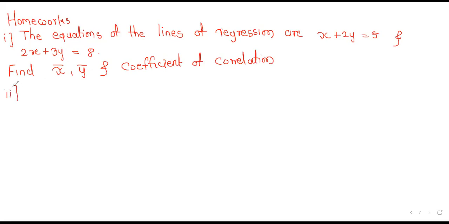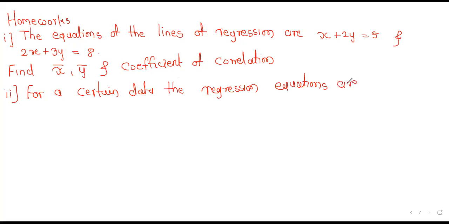Then second is: for a certain data, the regression equations are 3x plus 2y is equal to 26 and 6x plus y is equal to 31.